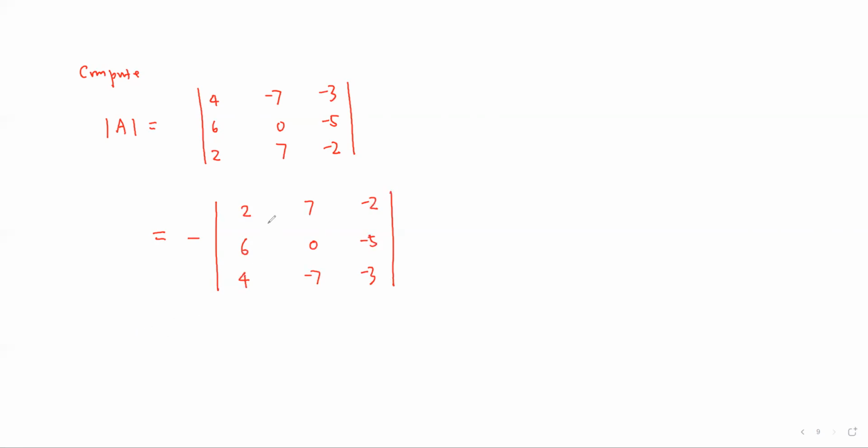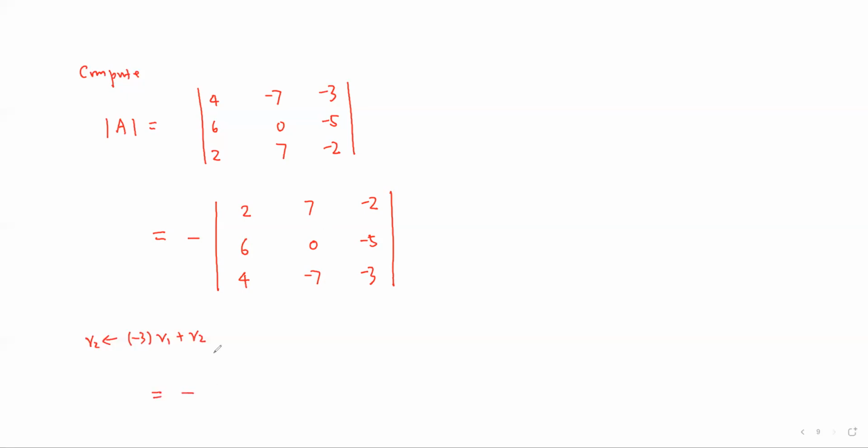Okay. I use 2 as my pivot number to eliminate 6. So -3 times row 1 plus row 2. Put the result in row 2. Yeah, this operation doesn't change the value of this determinant. This determinant is a number.